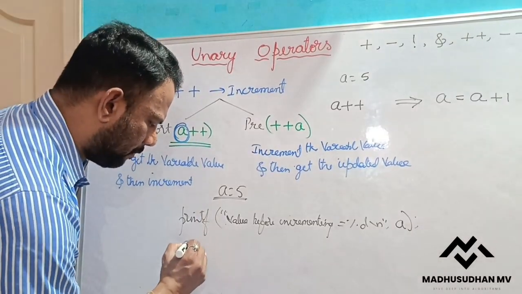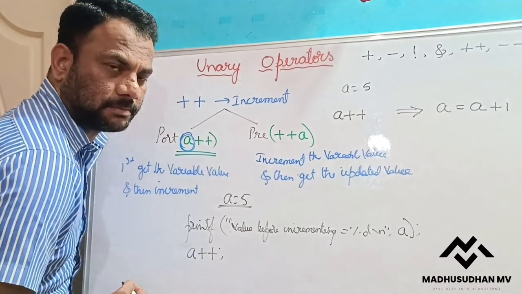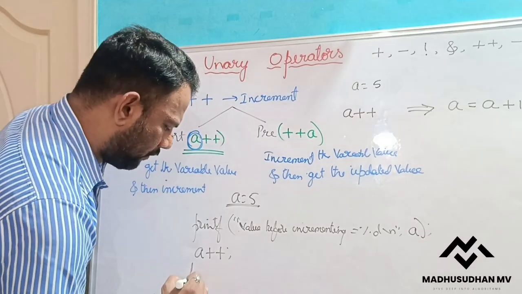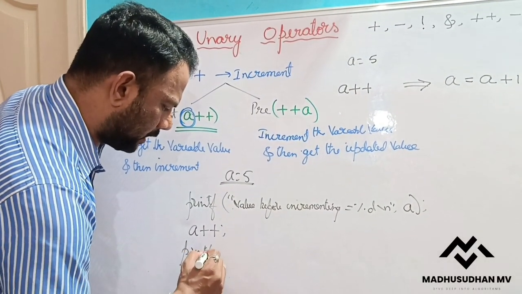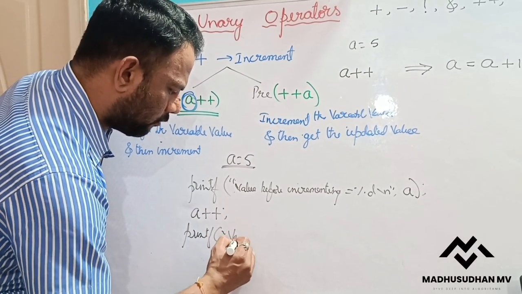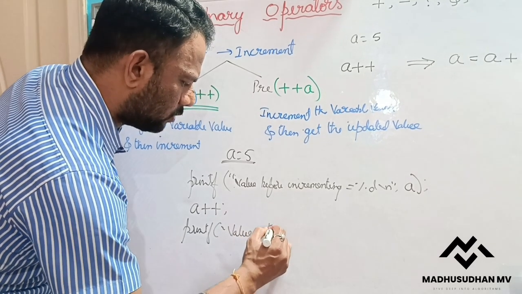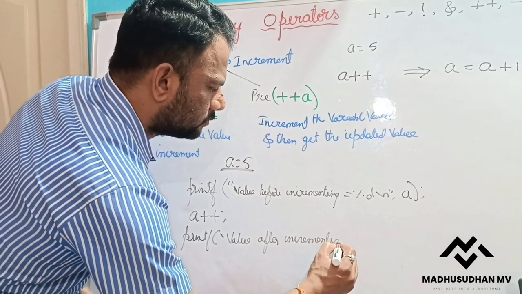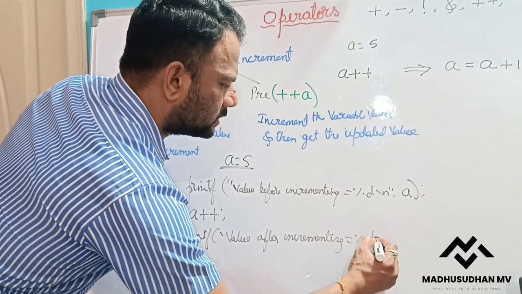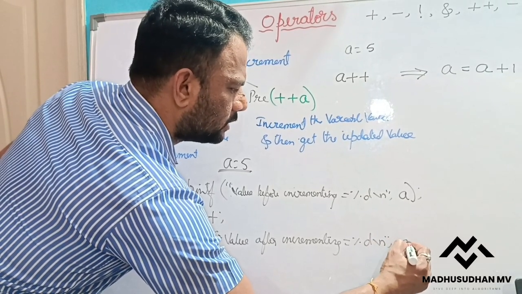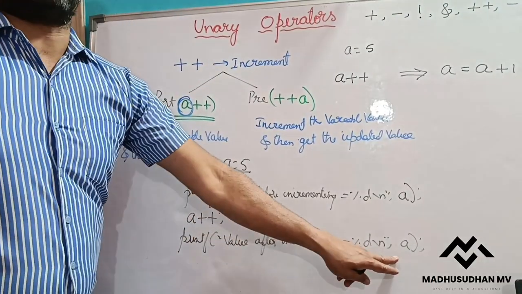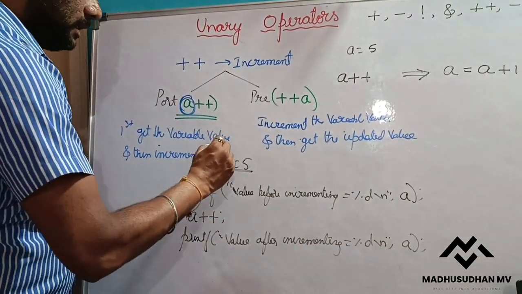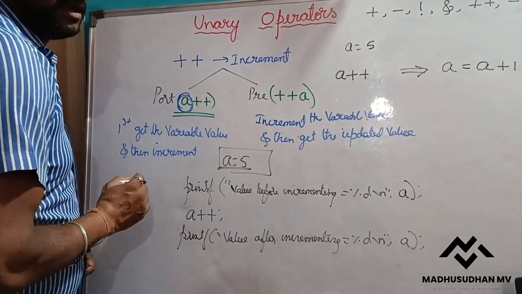Now if I say A plus plus, now I incremented. Now if I say again printf, value after incrementing is equal to percentage d slash n, A. Now it will print 6, because A is equal to 5 is there.